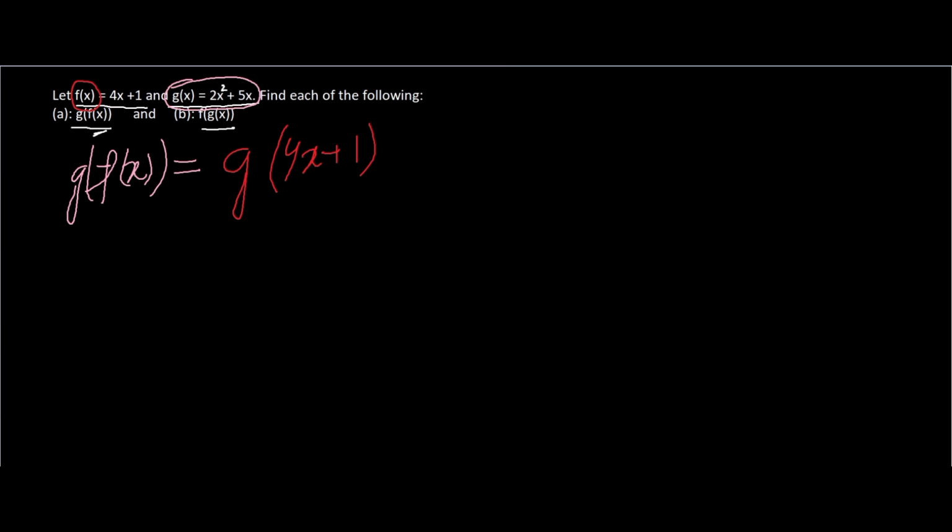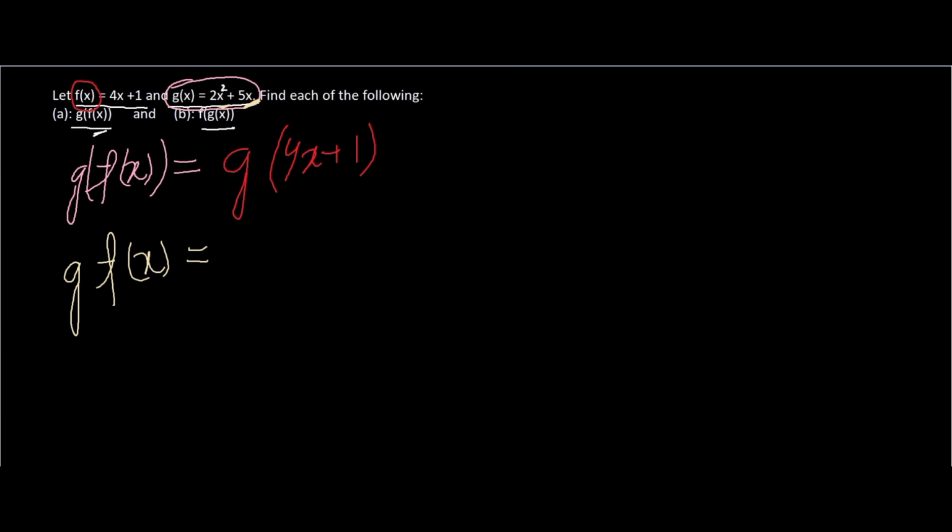So g of f of x equals, as I told you, 4x plus 1 is in the domain of g, so I have to put 4x plus 1 in this x, because this x represents the domain of the g function.